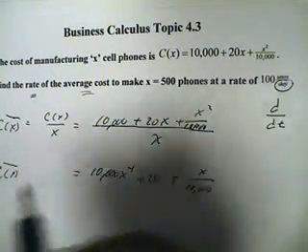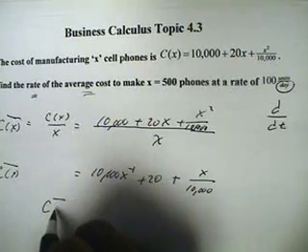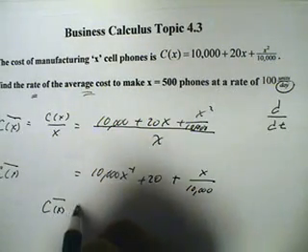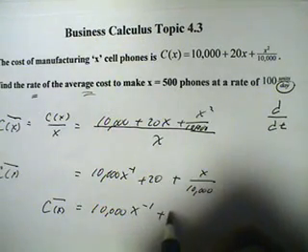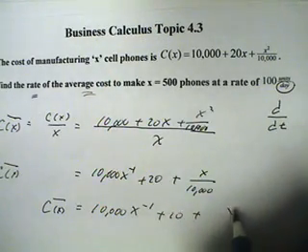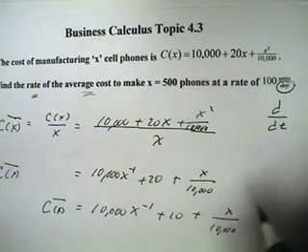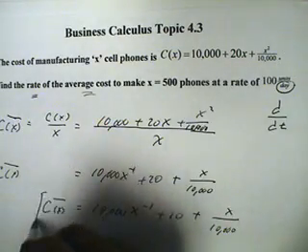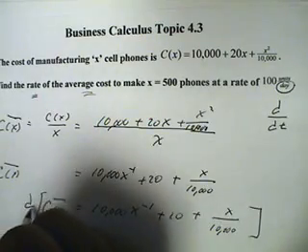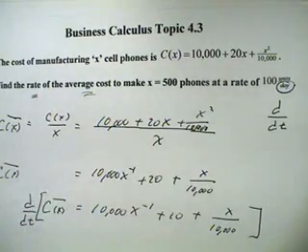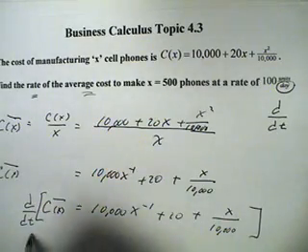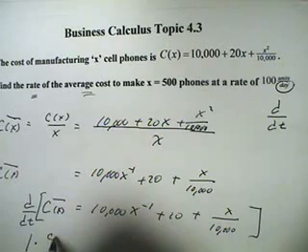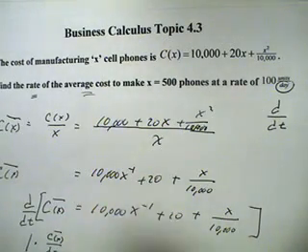So let's take the average cost function, equals 10,000 x to the negative 1 power plus 20 plus x all over 10,000. And we're going to take a derivative of all this with respect to time. The derivative of the cost function will be 1, times the chain rule, dC over dt.